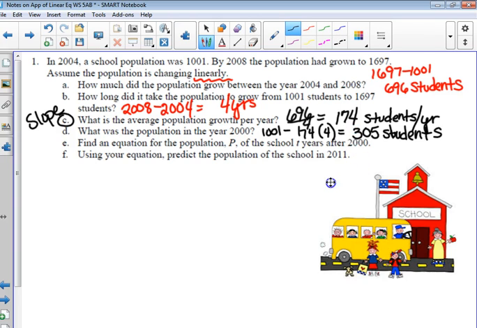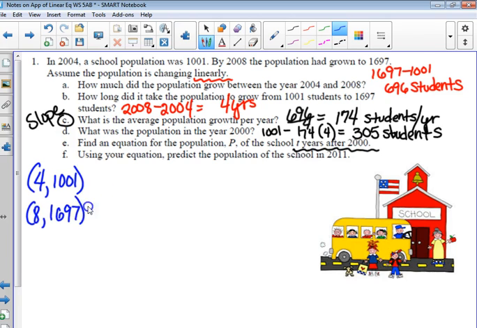Now, another way we could have done that was to say, here they're going to say years after 2000. Years after 2000 means that we're going to start with year 0 for 2000. And what are we going to use for 2004? We're going to use year 4. The population was this. And 2008 means year 8. We're using 1697. Could we find the slope?